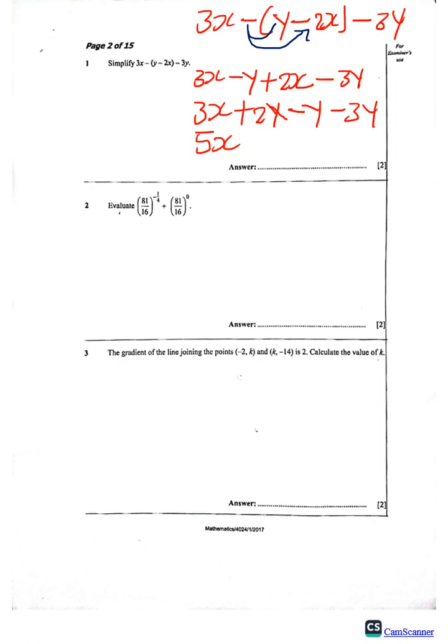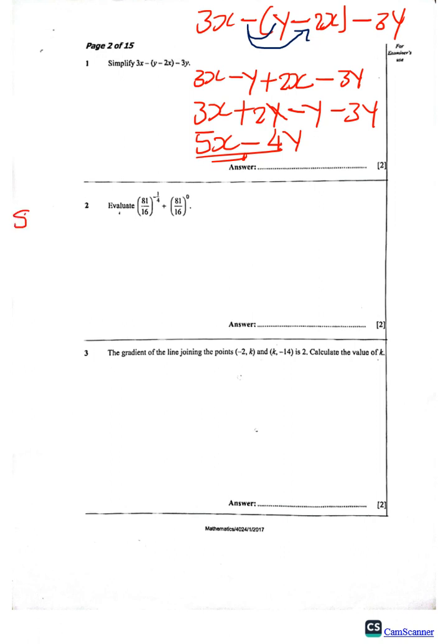Then also this part we are going to add, since we have the same sign, so negative y minus 3y, that's negative 4y. So this is our final answer because we cannot simplify it further since it consists of unlike terms. Now let's move on to question 2, where we are told to evaluate.